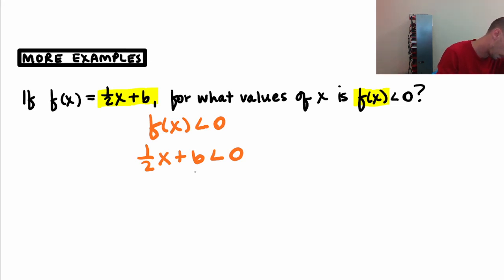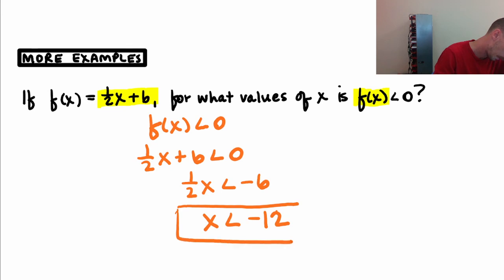So I'm going to start by subtracting 6 from both sides. 6 minus 6 is 0, and then 0 minus 6 is negative 6. And then I'm going to multiply both sides of this inequality by 2. That's a positive number, so I don't need to worry about reversing the direction, and that will be x is less than negative 12. And that's my solution.